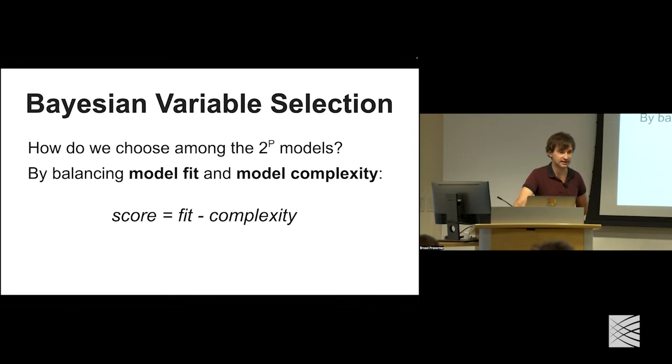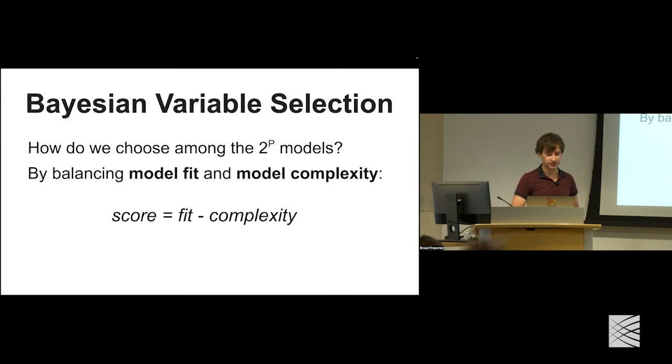We already did this in the case of linear regression. In the case of bridge regression, model fit was just the squared error, and model complexity had to do with the norm of the coefficient beta. So that was already an example of this paradigm. We're balancing model fit and model complexity.